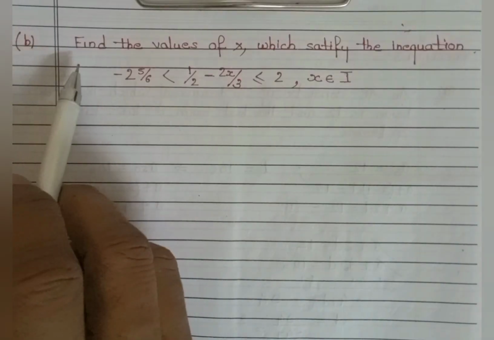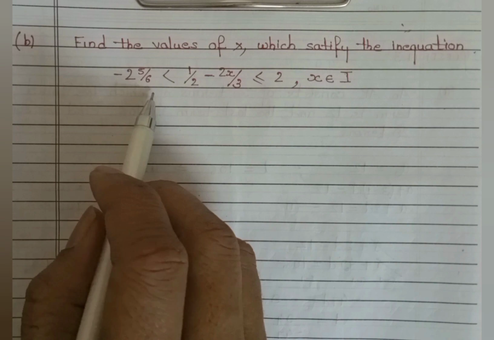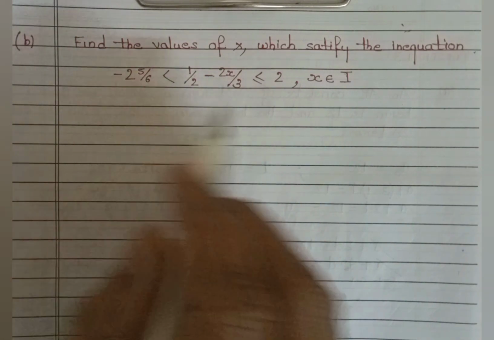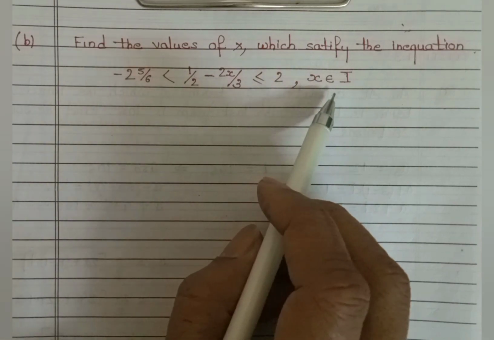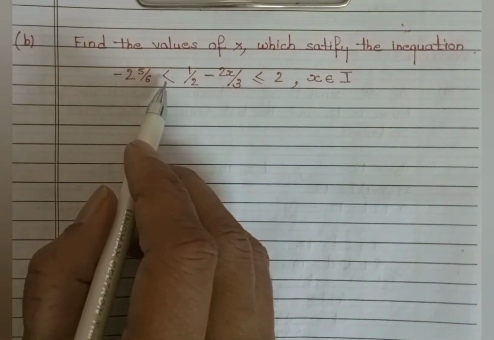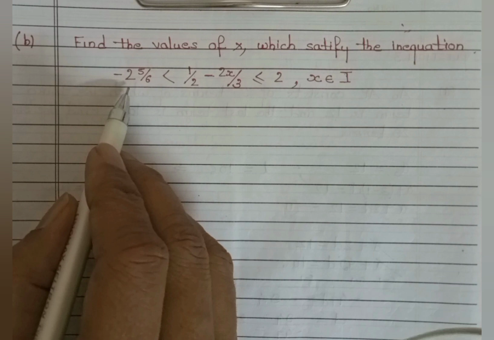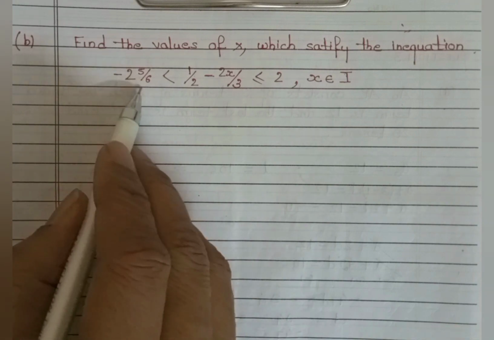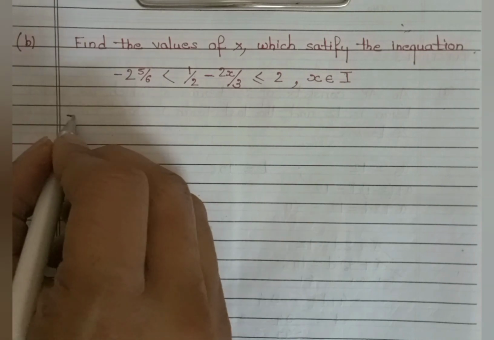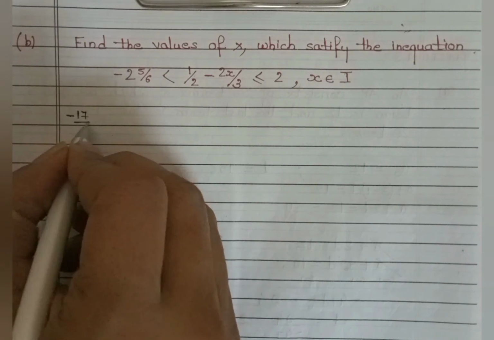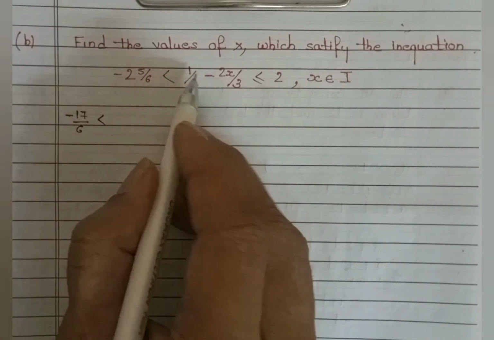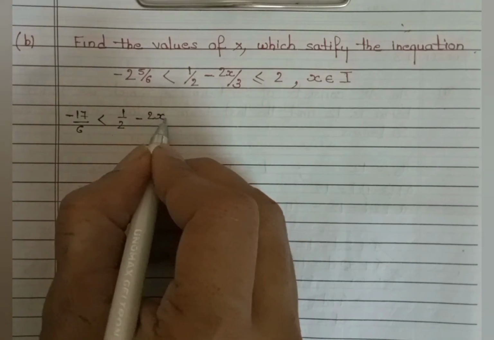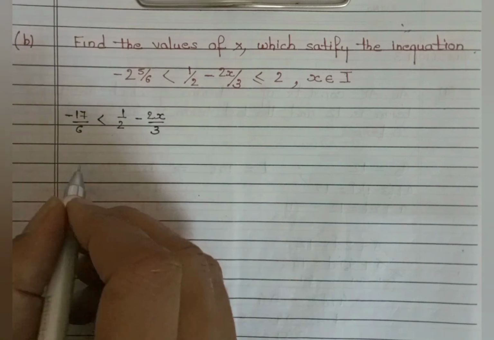Now in this question, see, an equation is given to us and we have to solve it for x, and here x belongs to integers. Now solving the first inequality, on the left side we have, this can be written as minus 17 upon 6. So we are getting minus 17 upon 6 on the left side, and on the right side we have half minus 2x upon 3.